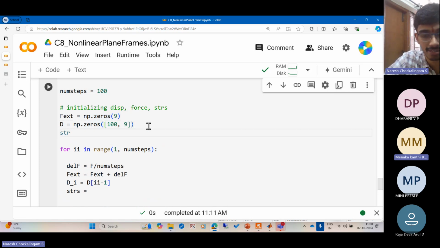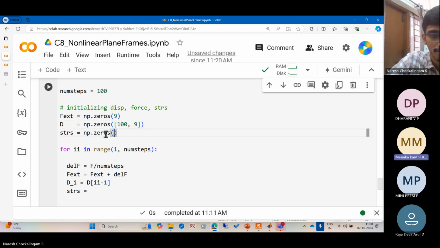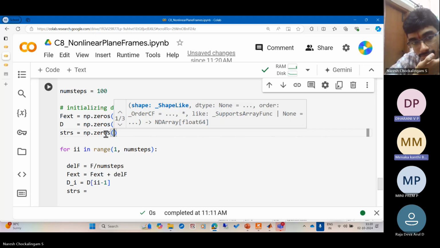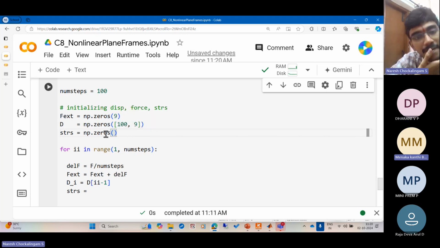So how do I initialize it? Stress is equal to NP dot zeros. But how many zeros? 9? Why 9? It is an element force, right?